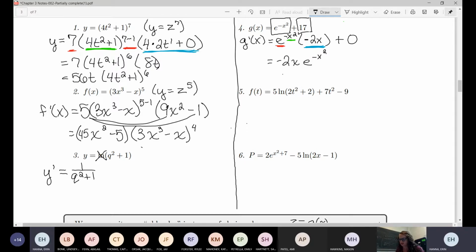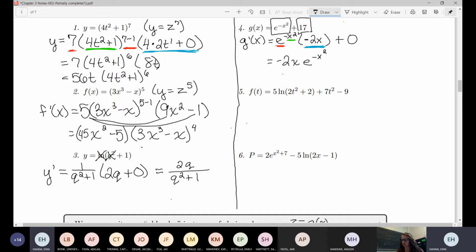So we've taken care of that natural log, but now I have to take the derivative of the inside, q squared plus 1. The derivative of q squared will be 2q, and then plus 0, which of course you don't have to write down if you don't want to. You could rewrite it like this if you wanted, but again, not necessary.